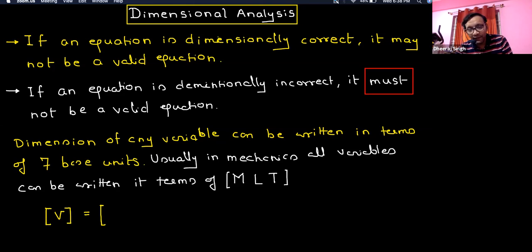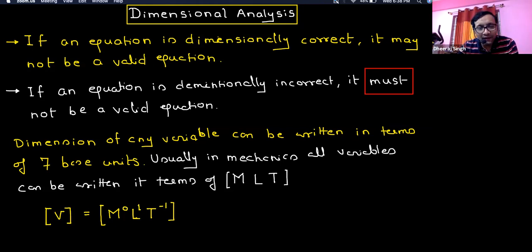So I will write like this: mass to the power 0, because mass has no role in the velocity. Then length to the power 1, 1 meter is there, and then time to the power -1. This is how you write the dimension of velocity.